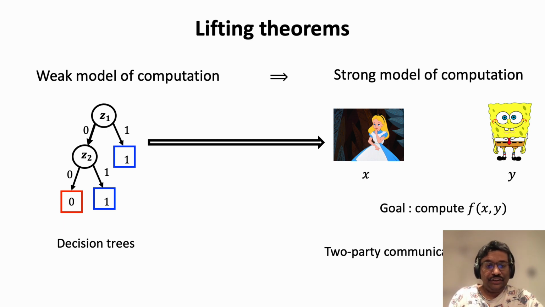Each has their own individual inputs x and y. Alice cannot see what Bob has. Alice doesn't know y, and similarly Bob doesn't know x. And they want to compute some pre-agreed function of their inputs, f of x, y. And the goal is to communicate as few bits as possible between them to compute the value of f of x, y.